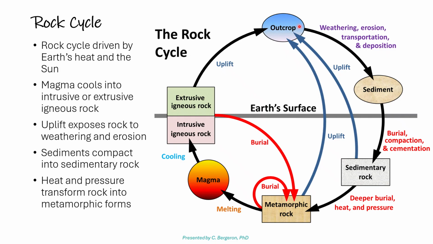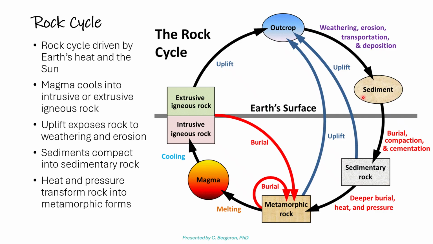So you have weathering and erosion, and that outcrop gets broken down into smaller pieces, and those pieces are transported, carried away, and deposited somewhere else. So you have an accumulation of sediment that occurs. That accumulation of sediment will be buried, and as it is buried, it is compacted.